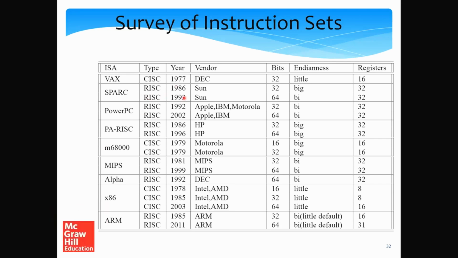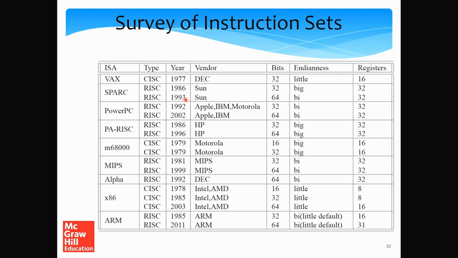Then one of the more popular instruction sets was the Sun SPARC instruction set. There were actually two variants of SPARC. The 32-bit variant was introduced in 1986, and the 64-bit variant was introduced in 1993. What 32 bits means is that one instruction was 32 bits. In SPARC, the size of a register was 32 bits.